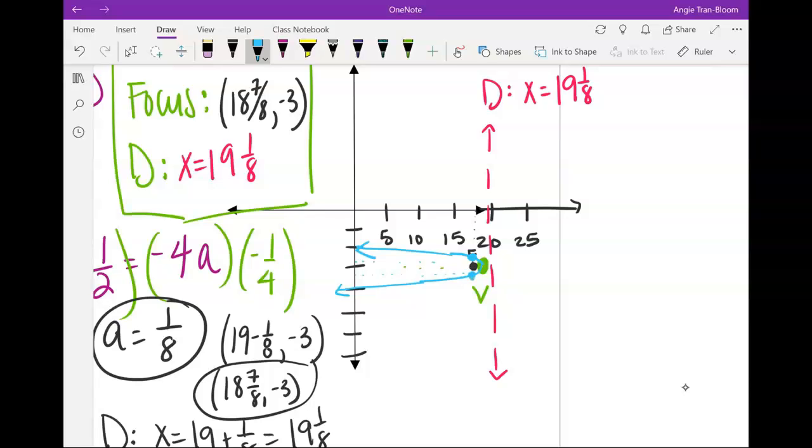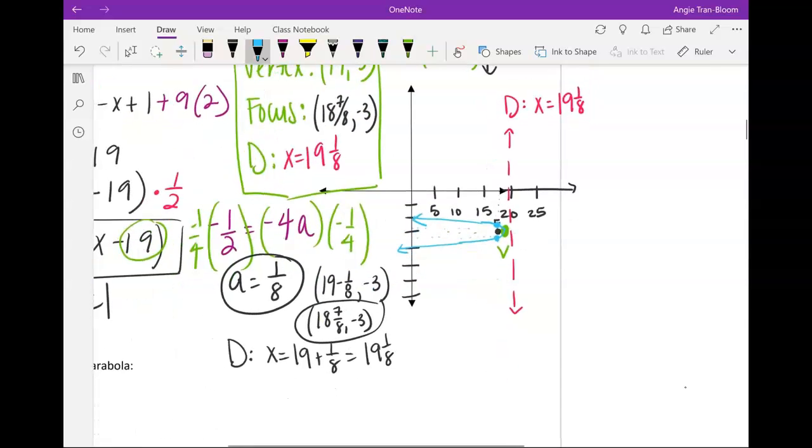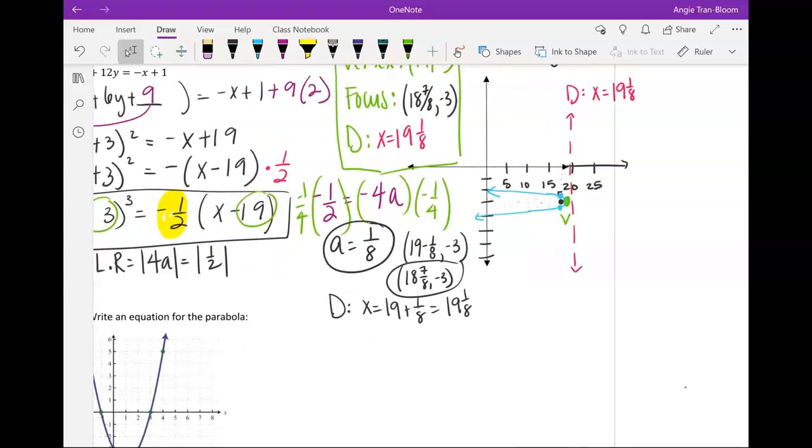Then if I ask you to find the ordered pairs of the latus rectum, we can take the y value of the focus and add 1/4, and we can also take the y value and subtract 1/4. And remember, the reason we do 1/4 is because it's half of the total length.